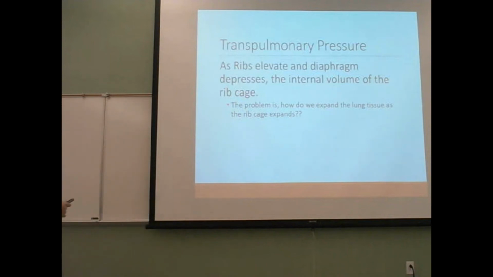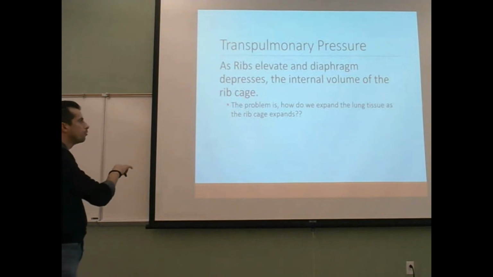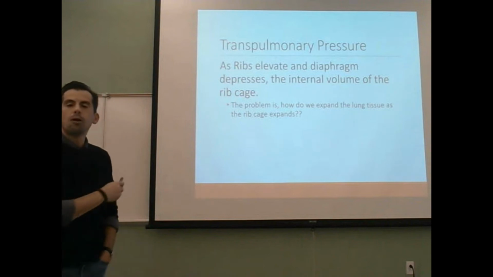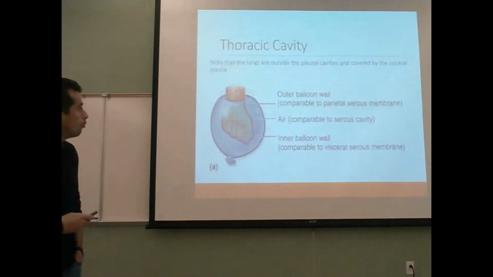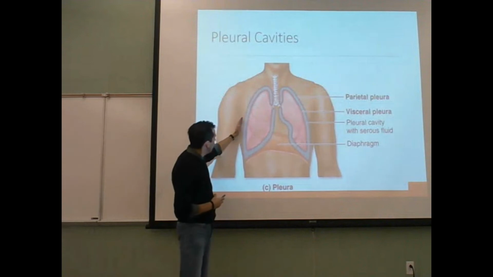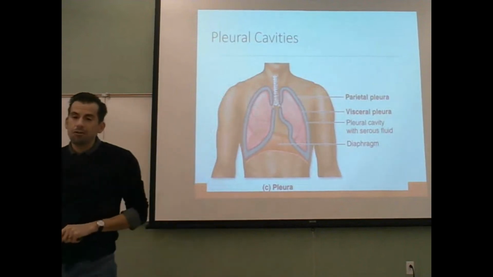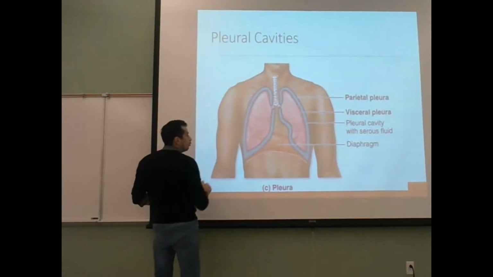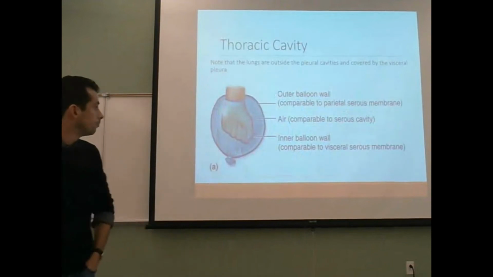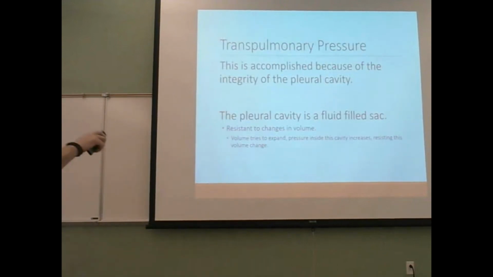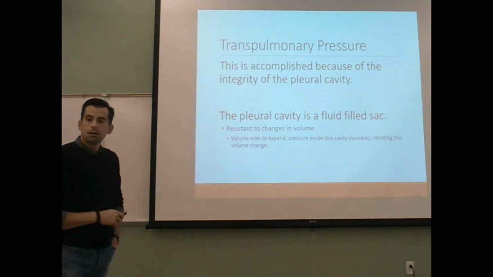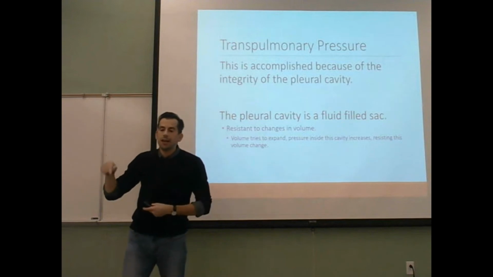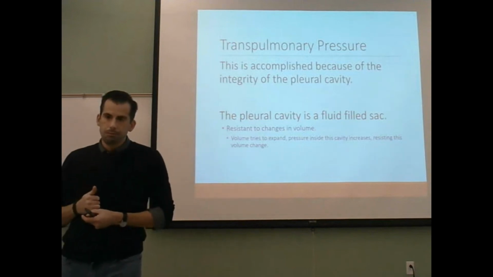So as the ribs elevate and the diaphragm depresses, the internal volume of the rib cage goes up. As the ribs and the diaphragm move, picture that they pull on the parietal layer of that membranous cavity. And as it does so, it's going to ever so slightly begin to pull those membranes apart. But because we have a fluid-filled sac, as we start to move that parietal pleura away from the lungs, pressure inside that cavity goes up tremendously.